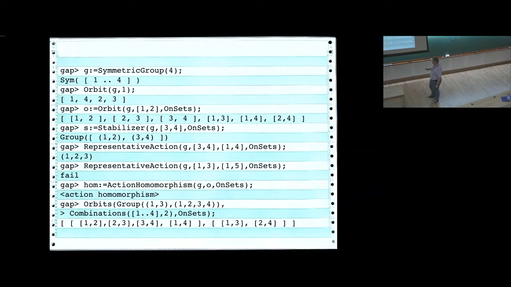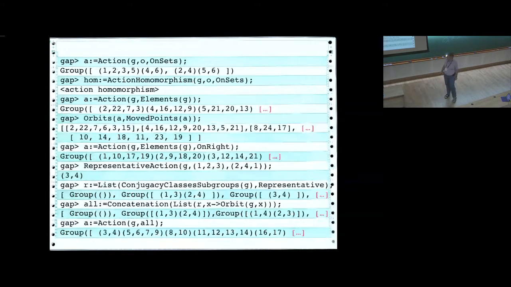So this constructs all these 6 subsets, and this group does not act transitively but has 2 orbits, one corresponding to the diagonals of the square and one corresponding to the edges of the square. So that's some examples of orbits.